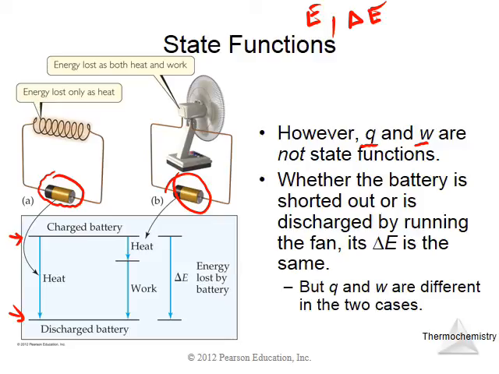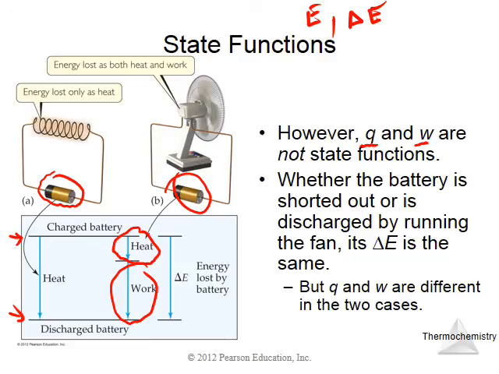So in the second process, even though we're going between the same two states, from charged battery to discharged battery, this time you see some heat generated and some work done. On the other hand, in the first case, there is no work done, all heat.